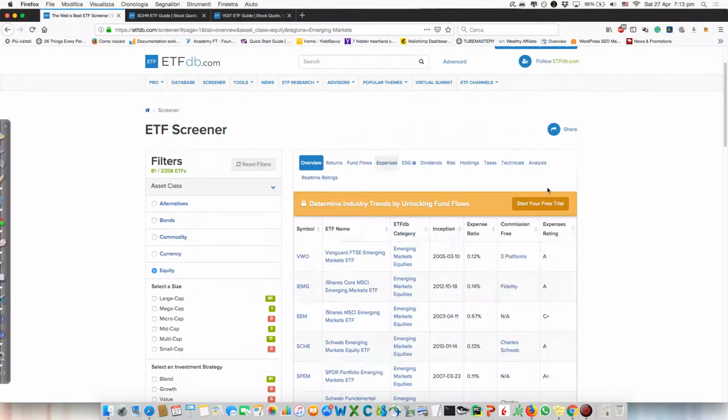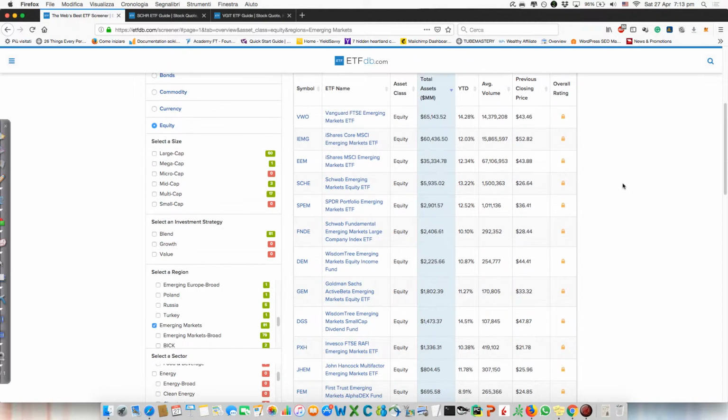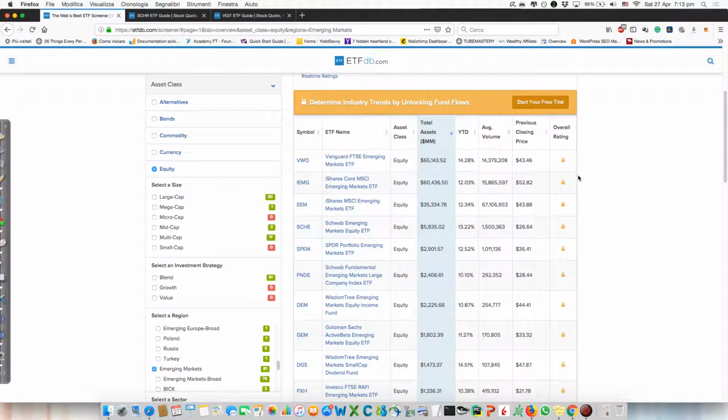So again, as before, what do we do? First we see if there is a cutoff for the volume, and I would say that definitely here there is a big difference. Like from 1 million we go to less than 300k.